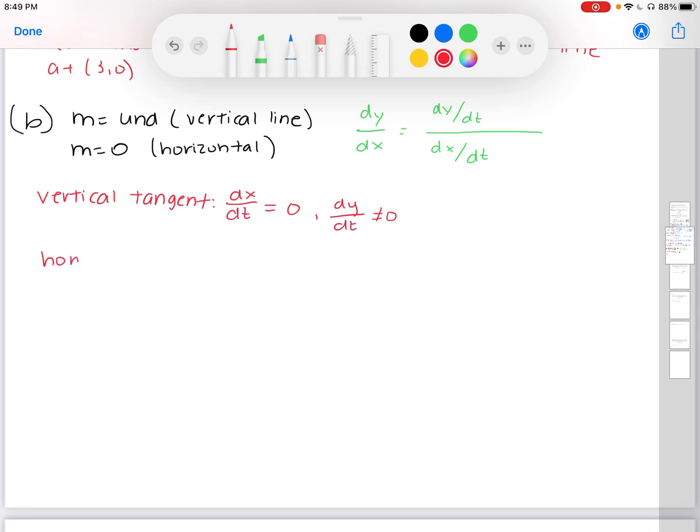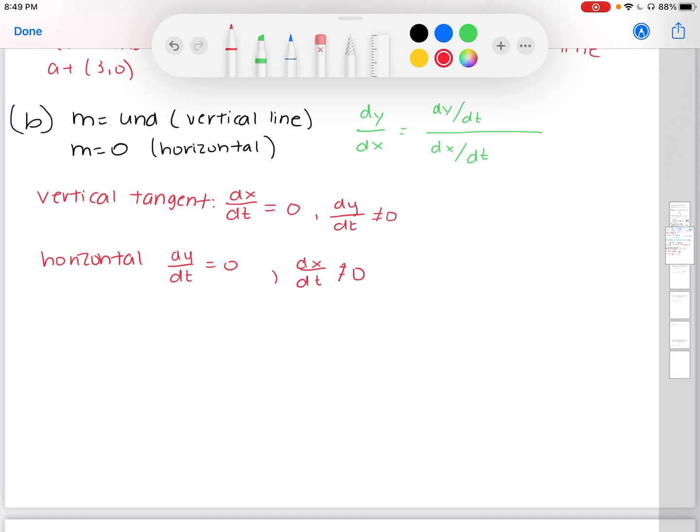Similarly for horizontal, dy/dt, our numerator, is equal to 0, given that our denominator is not 0. Okay, with that said, we can find our vertical tangents and our horizontal tangents of our given function.